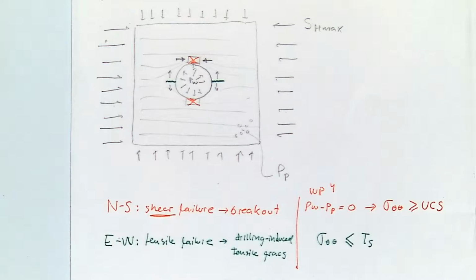Later on, after we go through seeing the criteria for failure of rock under confined stress, we'll extend this concept to deviated wellbores. Okay, so we'll get back to this later on and apply it to a more general case.